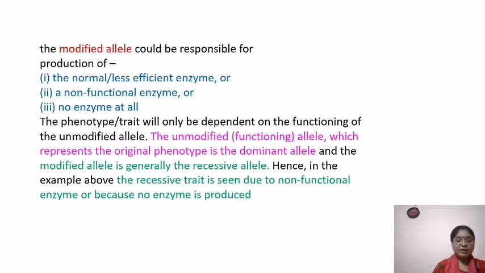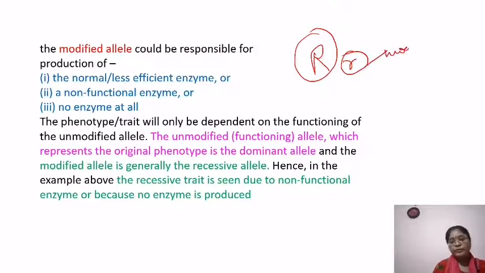So in this case, your unmodified allele is R, and your modified allele is your small r. Here the unmodified allele represents the dominant allele. The dominant allele is your unmodified allele, and the recessive allele is your modified allele.